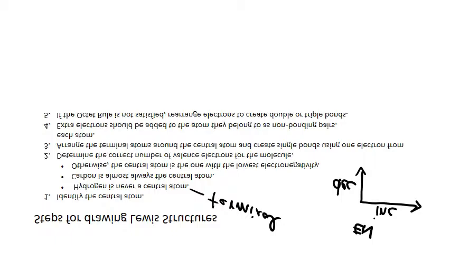Okay, once you do that, then we're going to start making single bonds, and a single bond is created when you use one electron from each atom. And so we're going to do that first, make single bonds between each terminal atom and the central atom, and then we're probably going to have some electrons left over. If you have extra electrons, they should be added to the atom that they belong to.